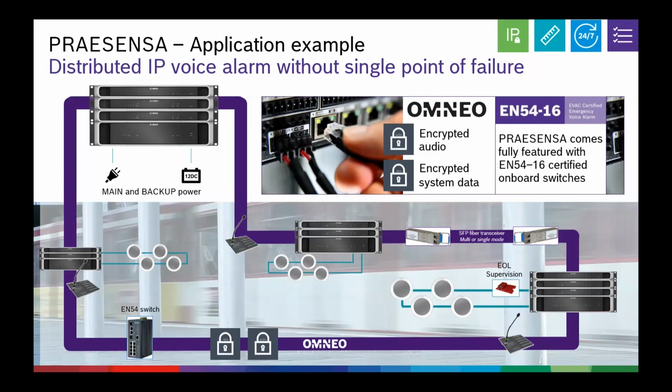The protocol which we are using for this is called Omnio. This is an encrypted combination of audio control and Dante audio streams with an encryption layer on top. This is a very secure way of communication and also delivers a high audio quality.